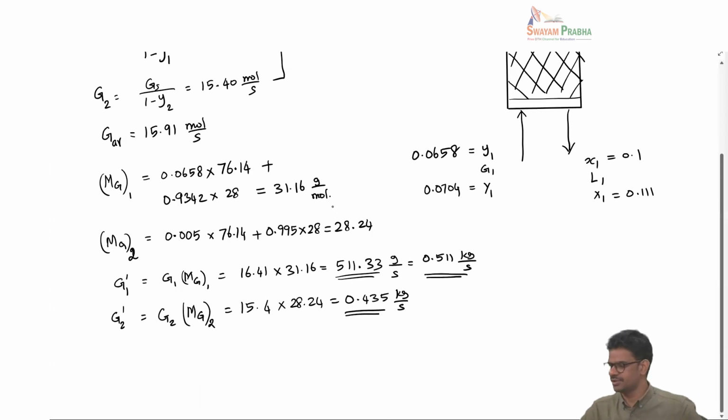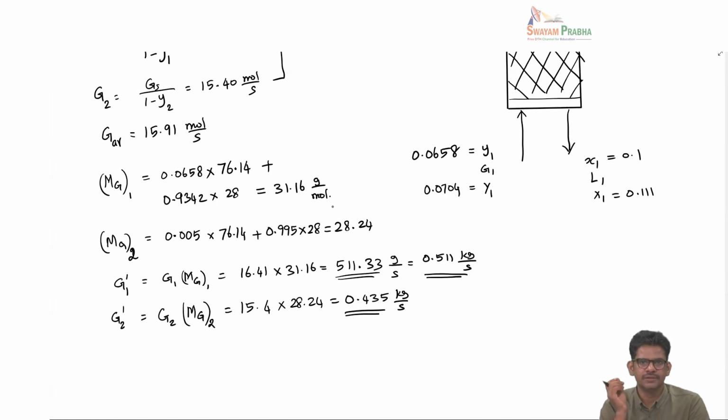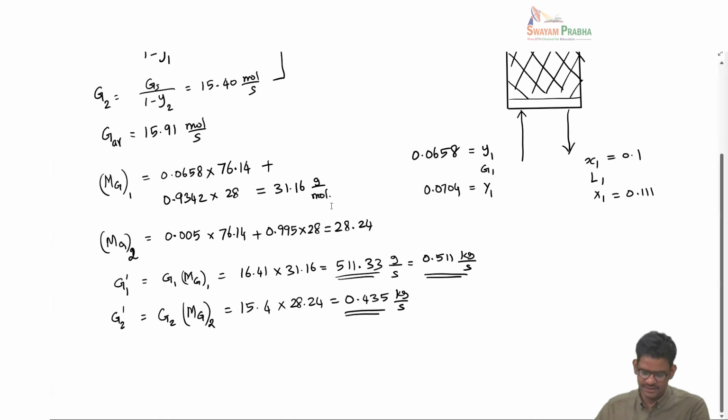Make sure you get these numbers. So we have found the mass flow rate at the bottom and at the top of the tower, and now we'll get an average from these two values. G prime is the average of G1 prime plus G2 prime, and this should be 0.473 kg per second.